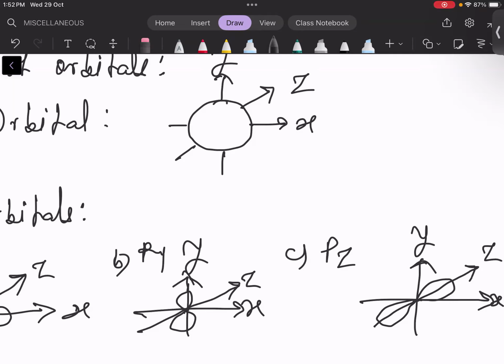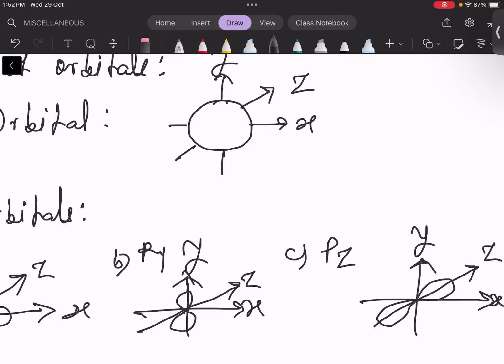And what is an orbital? An orbital is a space that describes the region around an atom where electrons are most likely to be found. So orbit is the three-dimensional space where the probability of finding an electron is maximum.